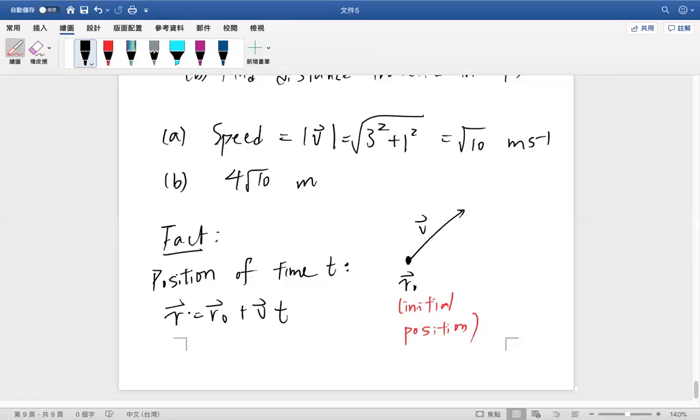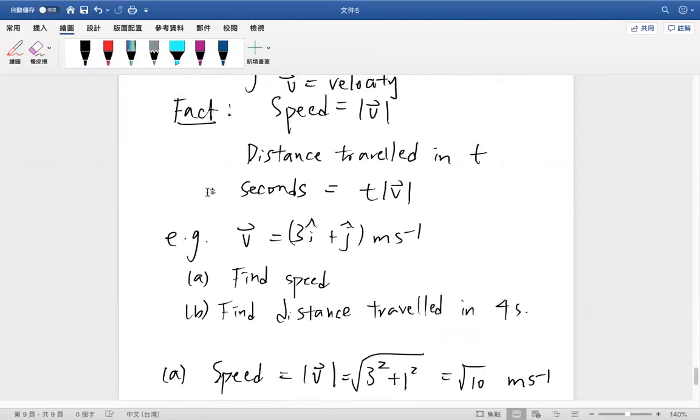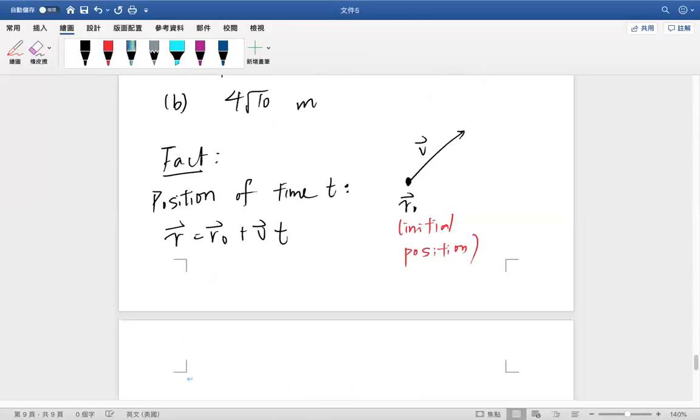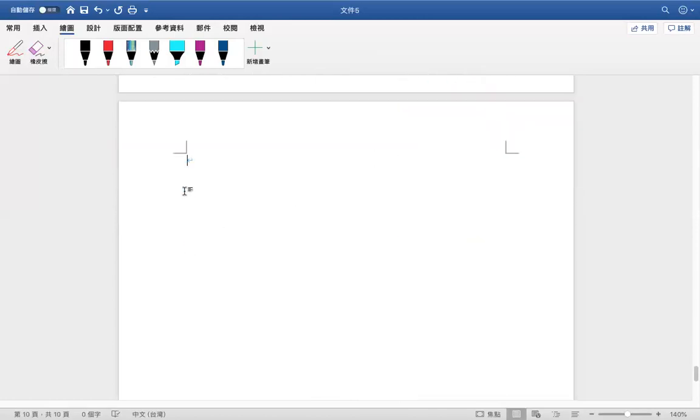Okay, cool. Let's look at some examples. For example, you have a vector, the initial position R0 is 3i plus 7j, and v is 2i minus j.